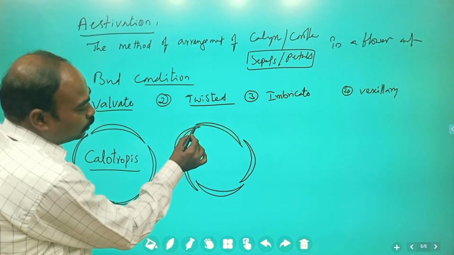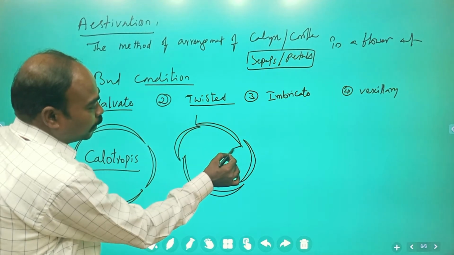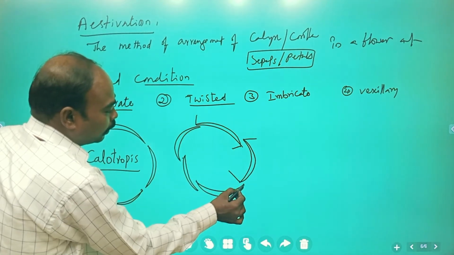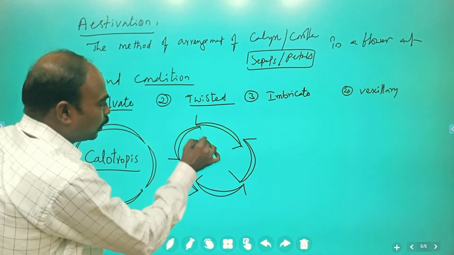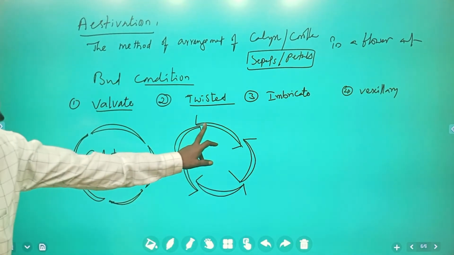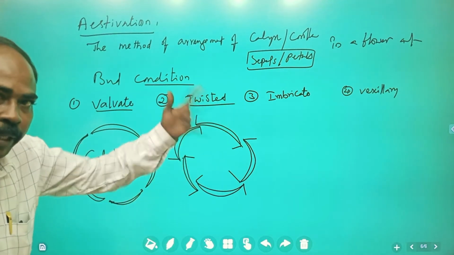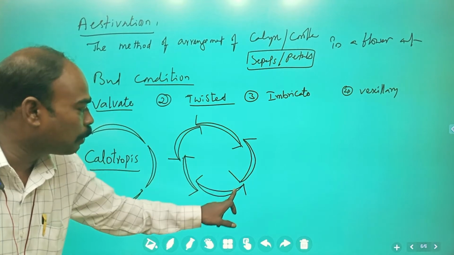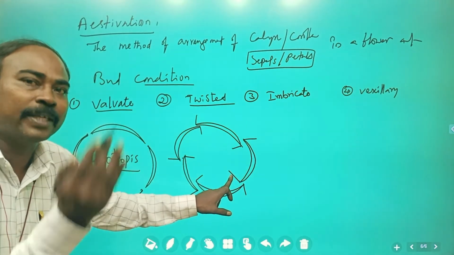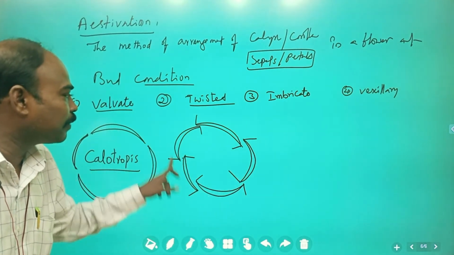You see this outer wall, inner wall, outer, inner, outer, inner. It means each sepal or petal, whatever it may be, overlaps the next one. Overlap means cover. Each covers the next one, and the next one.